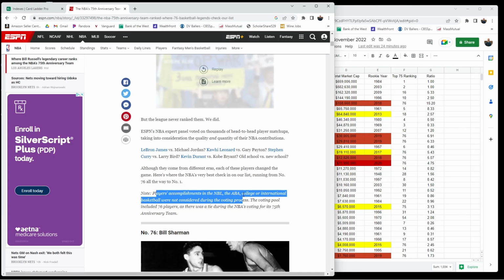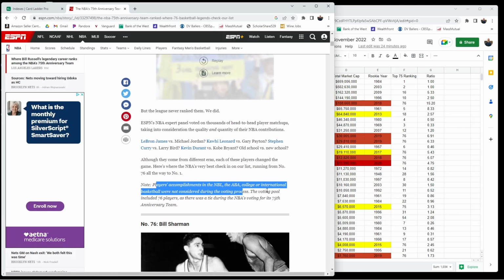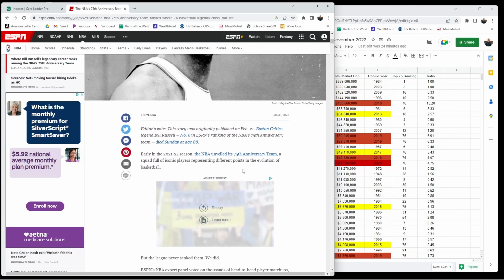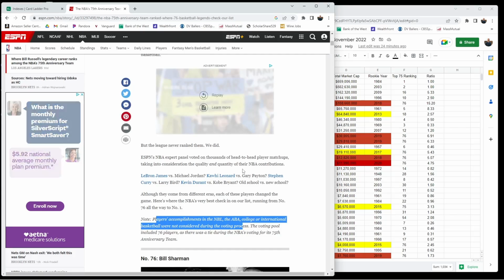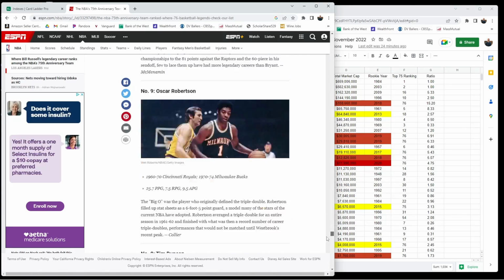Pete Maravich had a crazy college career. If that was considered, maybe he would rank higher. Julius Erving had a fantastic ABA career. If that was included, maybe he would be higher. And this is voted on by people, supposedly established, credentialed people, but it's still opinions.